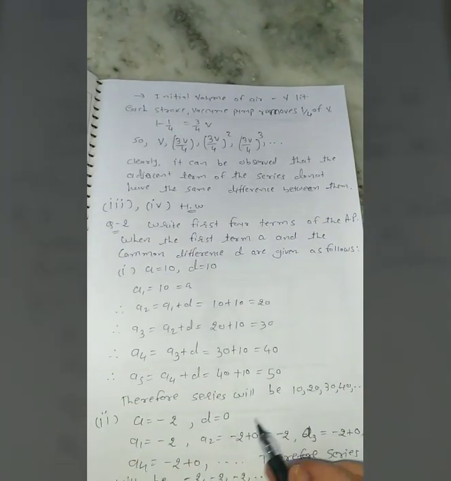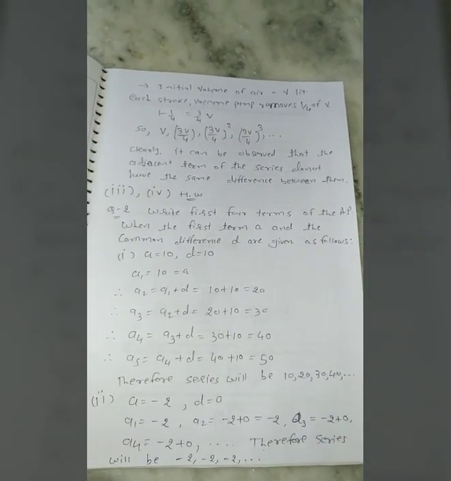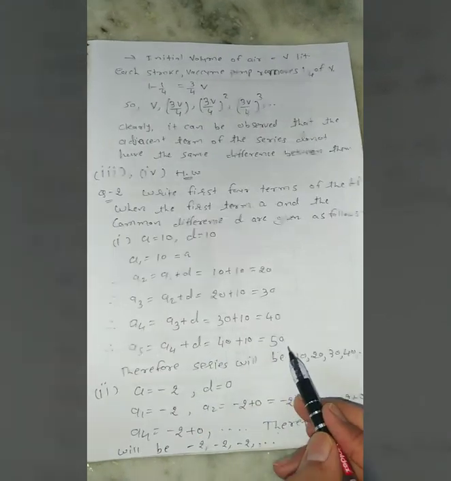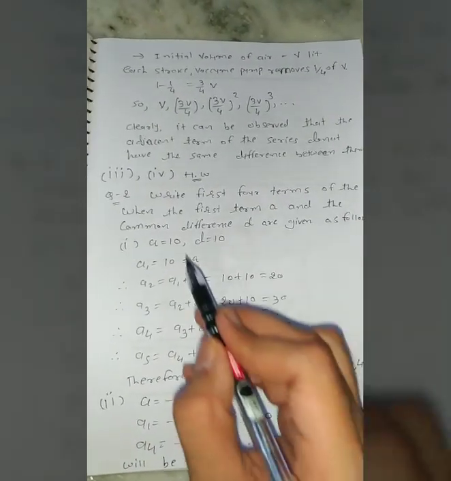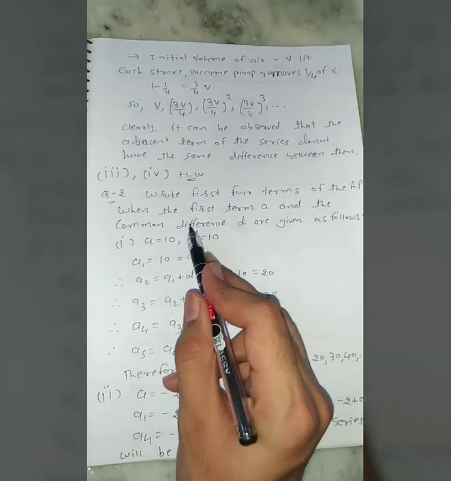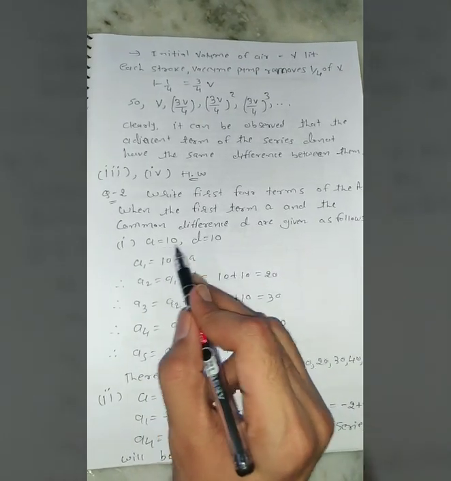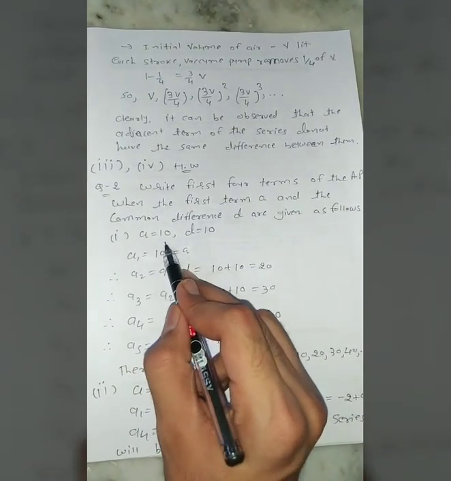Okay, therefore the series will be 10, 20, 30, 40, etc. In this way we can find out the whole series from the first term and the difference. Okay, these two are given, the first term and the difference between two terms.